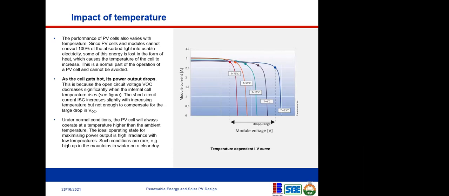Yes, there's an increase in voltage. At 25 to 75, it shifts backwards. Yes, it decreases. So how is the increase in temperature now affecting the power output? Is it how it's affecting the cell or how it's affecting the power output?